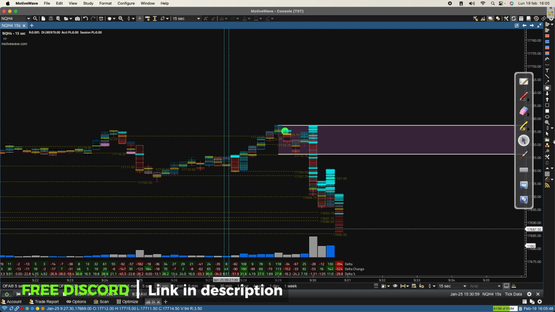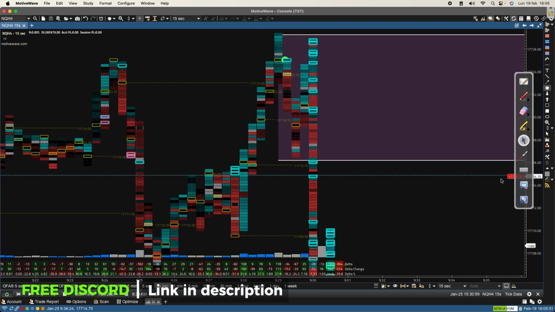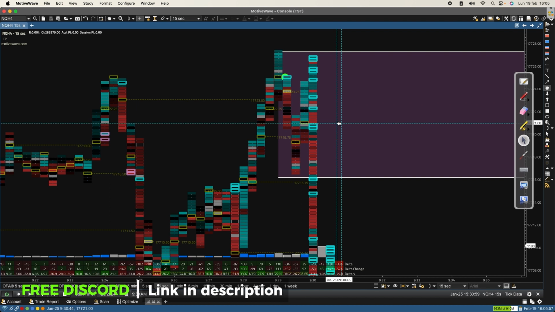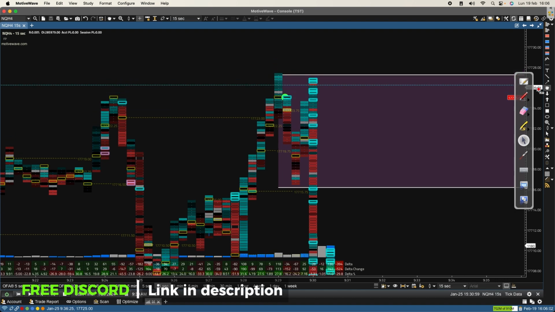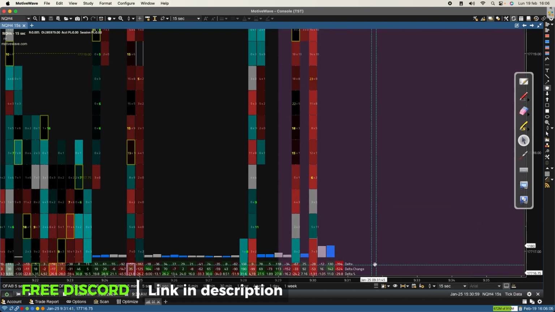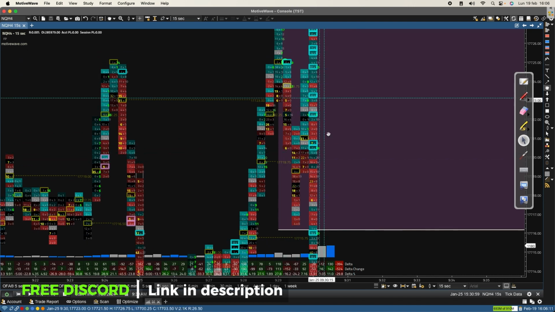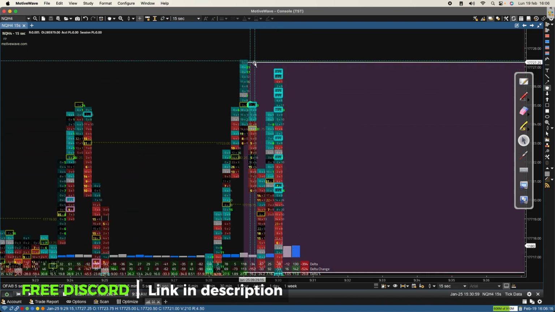Yeah, maybe I was wrong. All these green boxes that you see are strong bullish pressure that is being absorbed. We have lots of buyers that have been absorbed here. I was partially wrong.